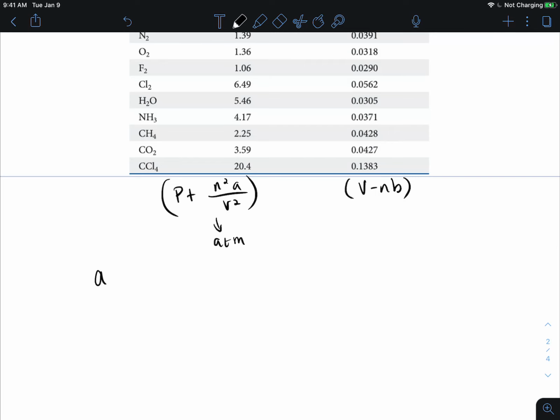Now, let's actually look at what our a and b terms mean. Our a term talks about the attractive forces or the polarizability of the substance. Things that have large a terms are either going to be polar or they have a lot of electrons that they can push around.